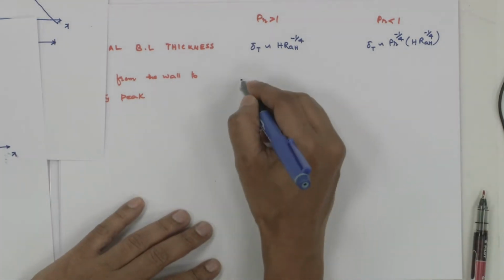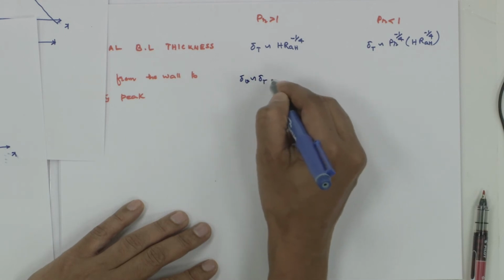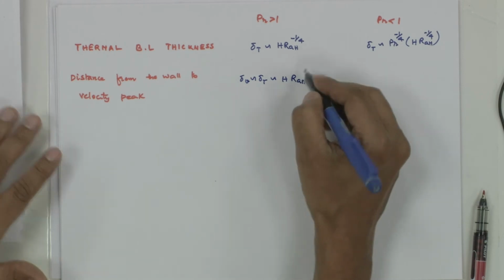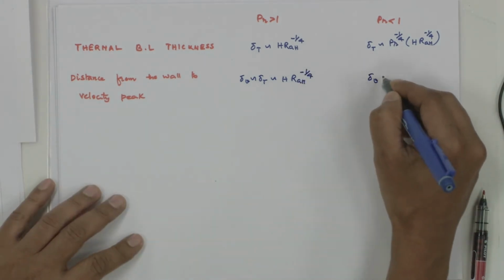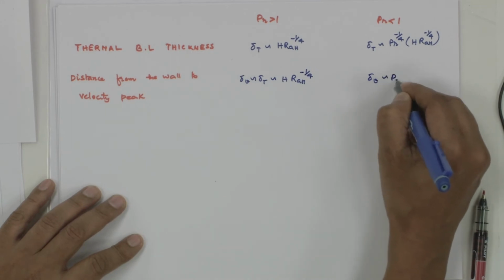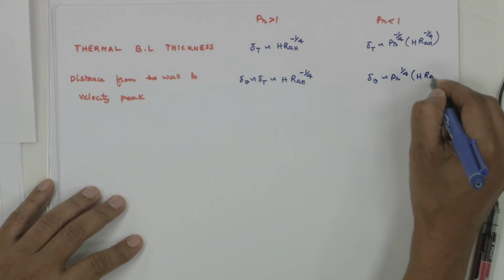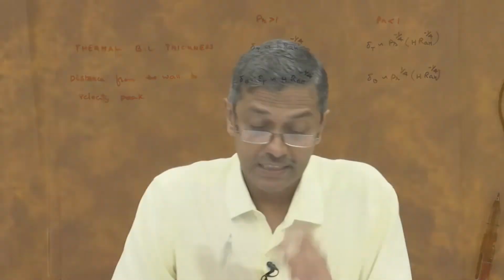Delta V is of the order of delta T, which is H Ra to the power of minus 1 by 4, and here delta V, just now we have found, is Prandtl to the power of 1 by 4 H Ra to the power of minus 1 by 4. This is what we just found. So then, thickness of the wall jet.